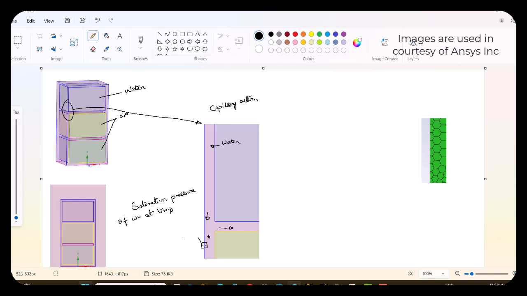This cell is composed of air and water vapor, and this cell is composed of only liquid water.